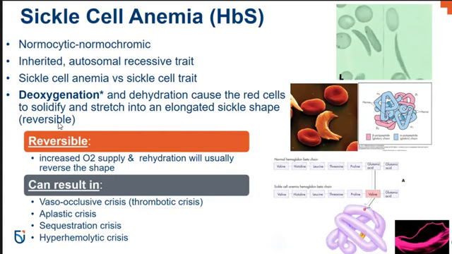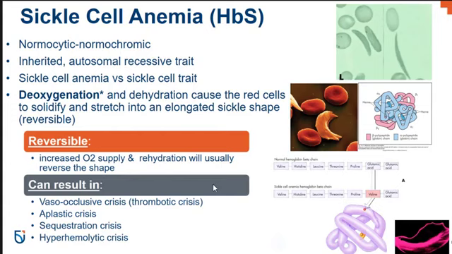But this is reversible. Let's say the person is in a state of deoxygenation or dehydration for whatever reason. Increasing oxygen and rehydrating the person can cause reversal in that shape, but it has to be done within a reasonable amount of time after it actually happens.